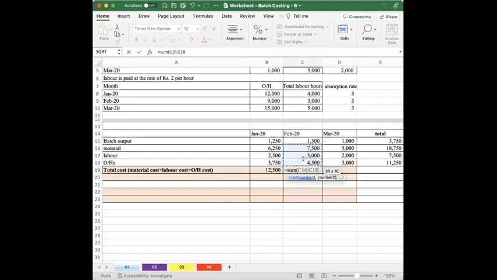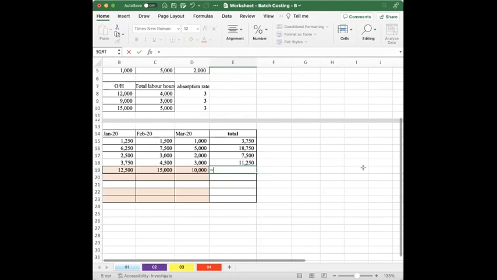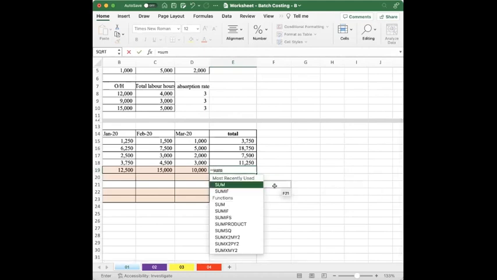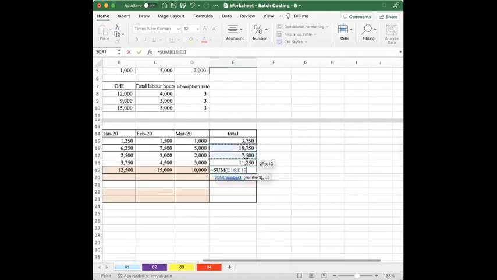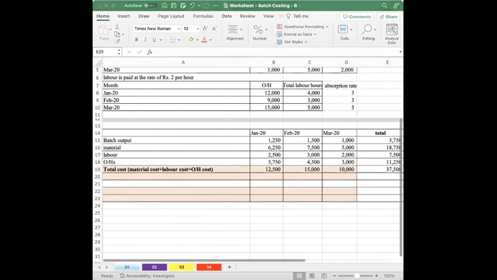Again, I will use the formula. Take your calculator and add these three values. Okay, for February, 15,000. For March, how much? Material, labor, overheads. That will be 10,000. Right? So here also let's find out the total for all these 3 months, which will be 37,500.